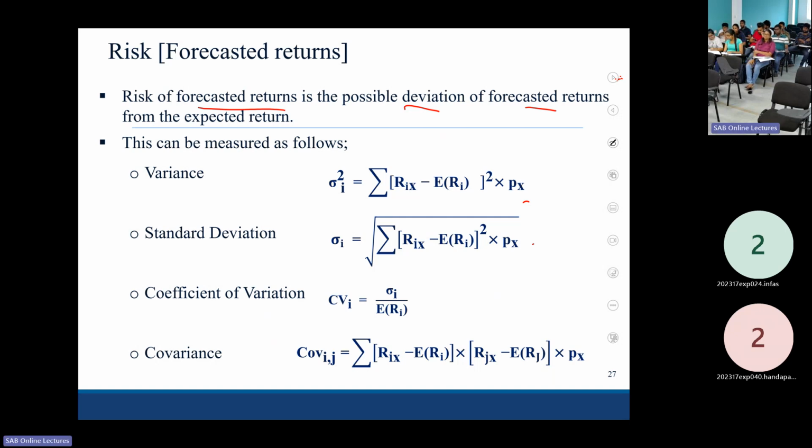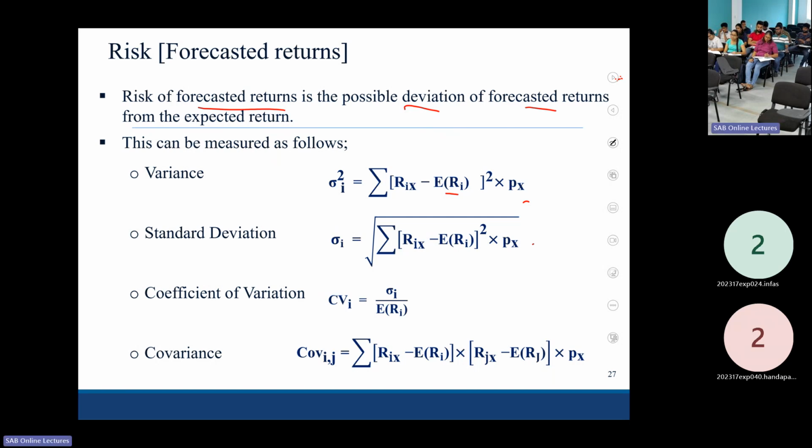R_i means the forecasted return of the stock under state of economy X. Its deviation from the expected return of stock i, squared, multiplied by the relevant probability of happening of economic condition X.